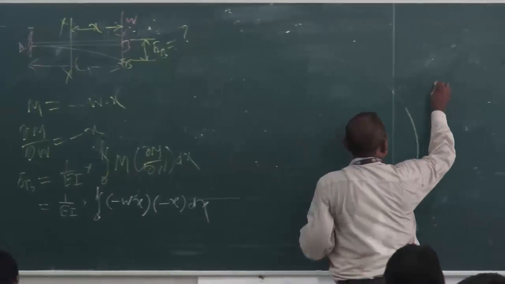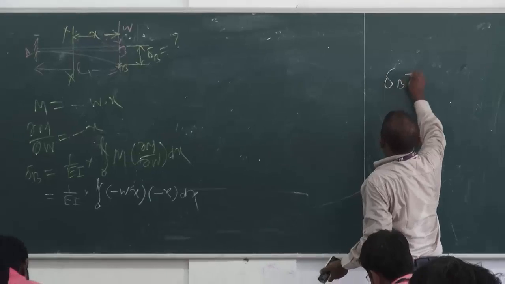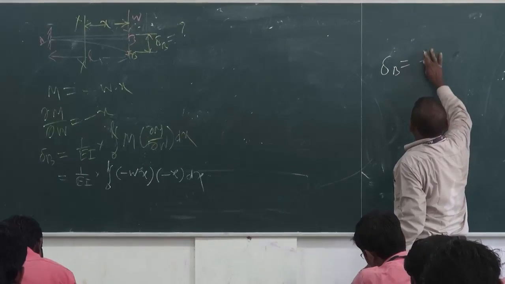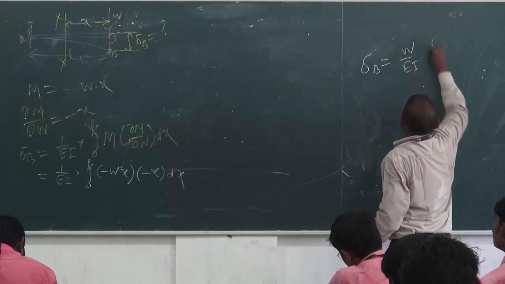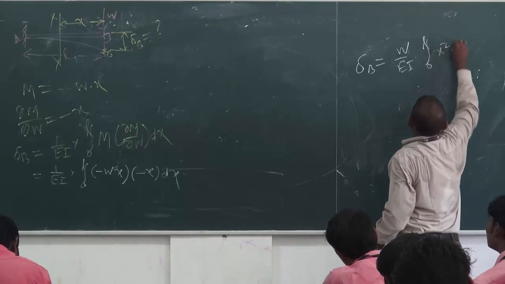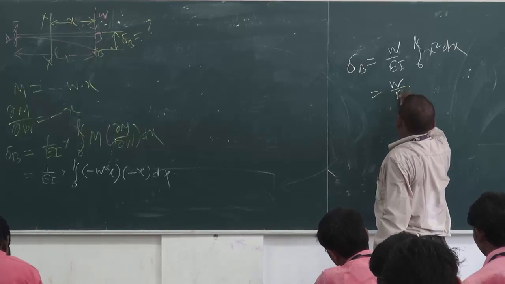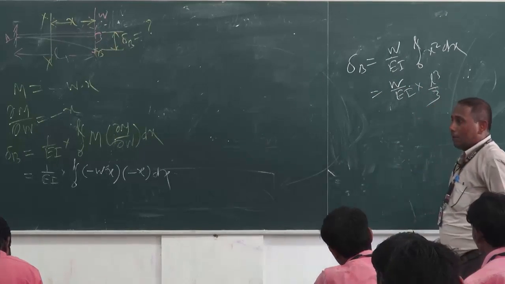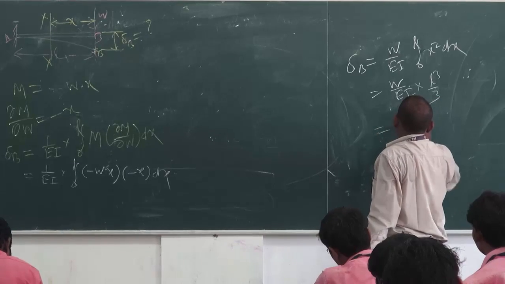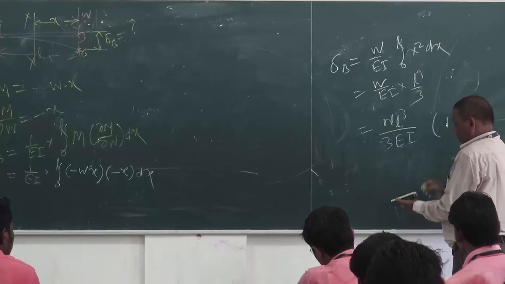From which your delta B value is equal to, W taken out, W by EI, integral from 0 to L of x² dx. And this is equal to W by EI into L³ by 3. So this is equal to WL³ by 3EI, and this is your answer.